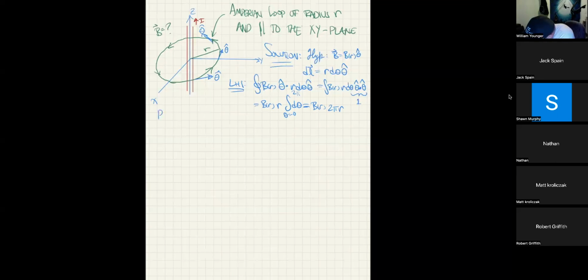Now the right-hand side is supposed to be mu 0 times I enclosed. That's another way of writing it, and that's the way I'll use it from now on, even though I wrote it a little differently to explain it to you.